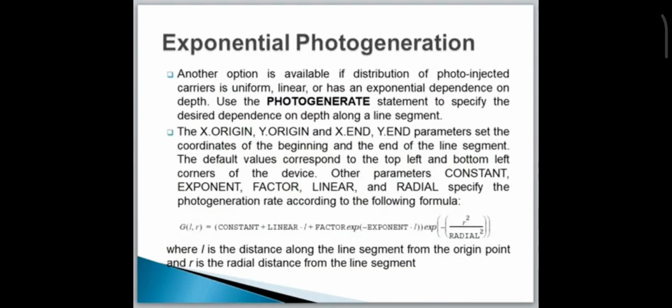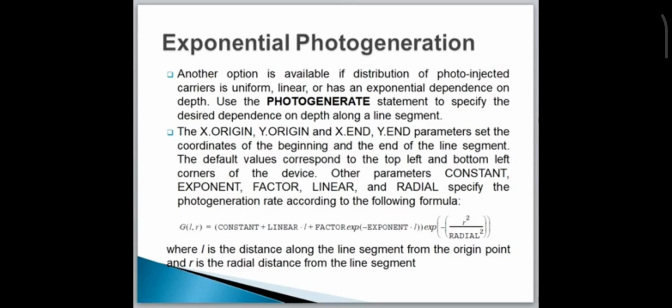Next is the exponential photo generation. Another option is available if the distribution of photo injected carrier is uniform, linear, or has an exponential dependence on depth. Use the photo generate statement to specify the desired dependence on depth along a line segment.